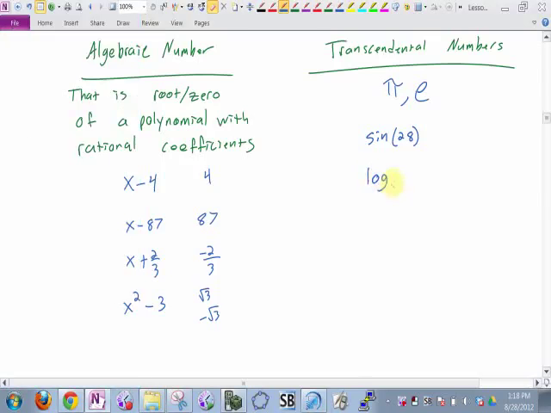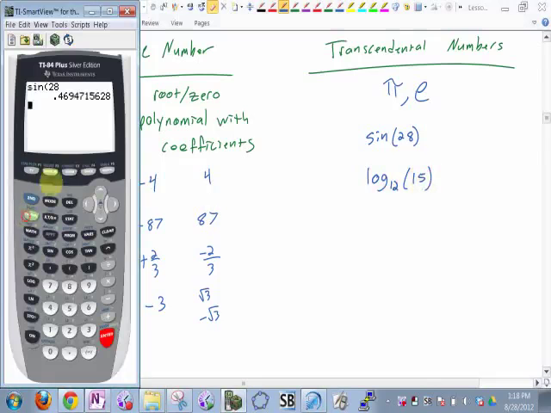What about the log base 12 of 15? Log base 12 of 15 is 1.089799571. That is also a transcendental number. So these transcendental functions, sine, cosine, tangent, trig functions, logarithms, they often involve transcendental numbers, right?